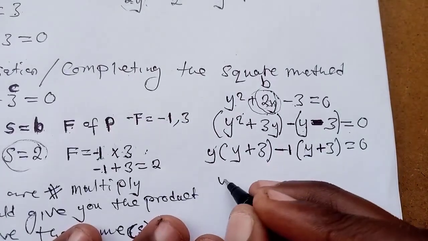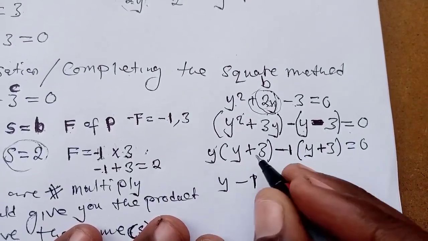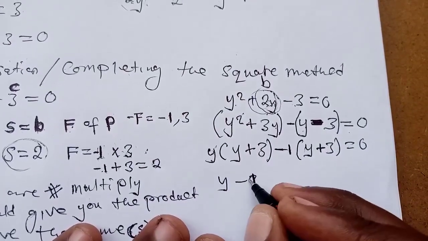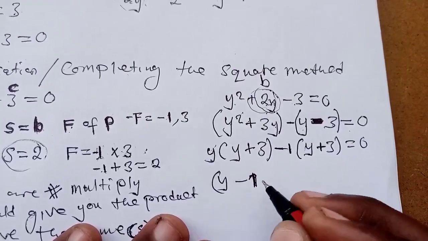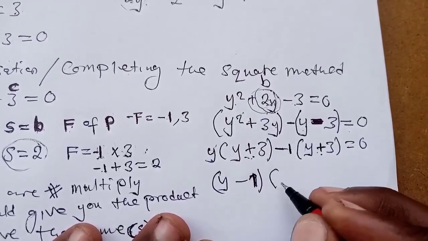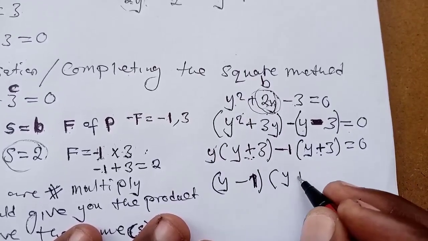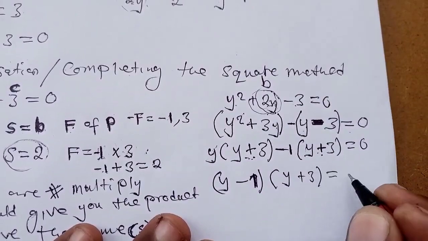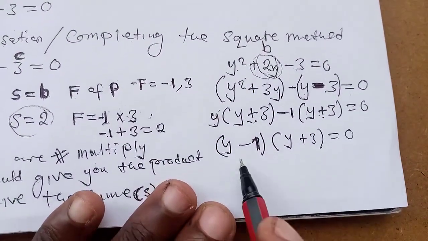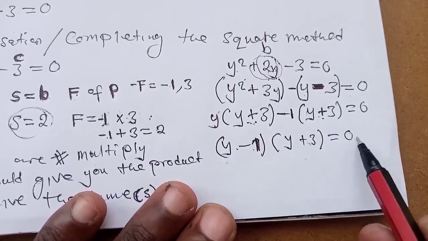Then y minus 1 and y plus 3, you get this one and this one. Just get one of these if they are the same. So y plus 3 is equal to 0.